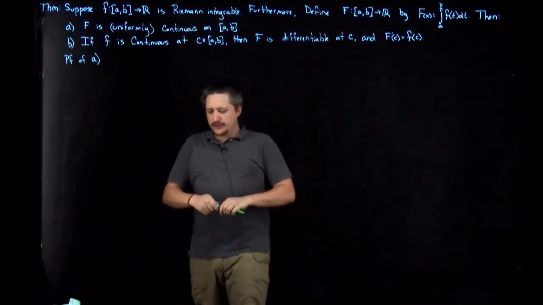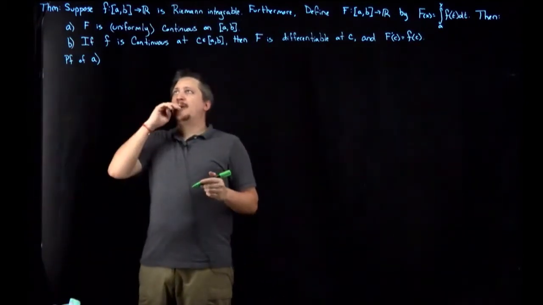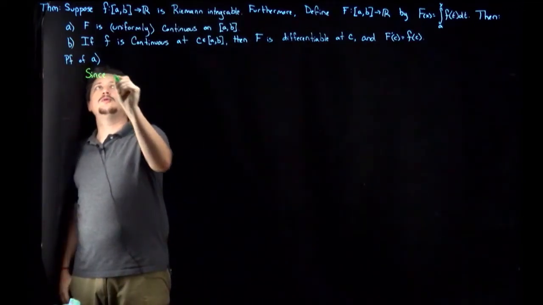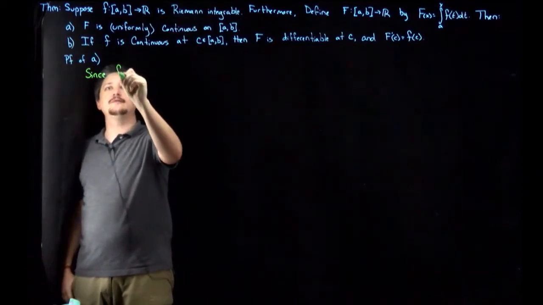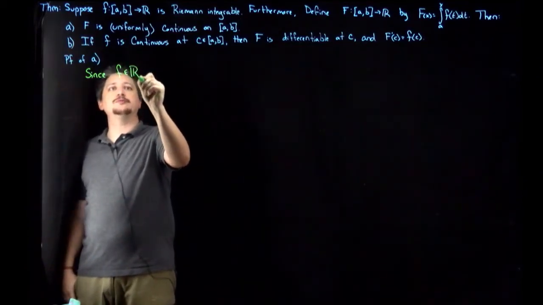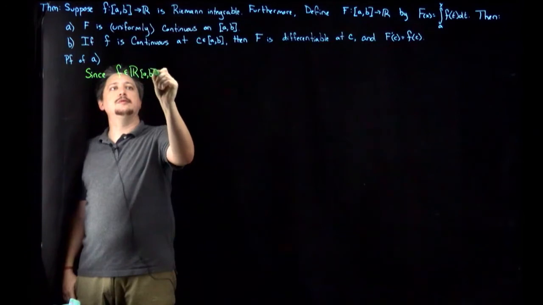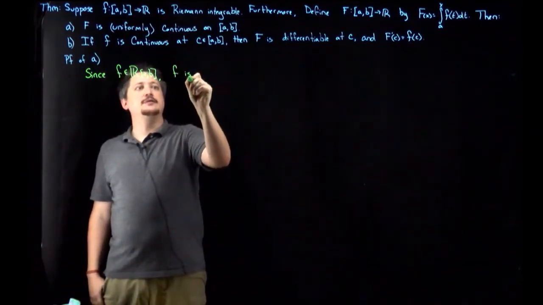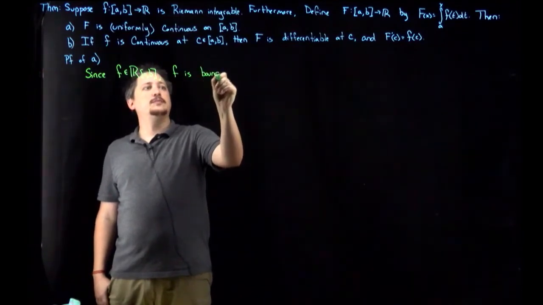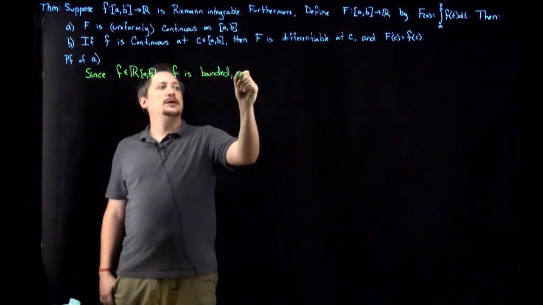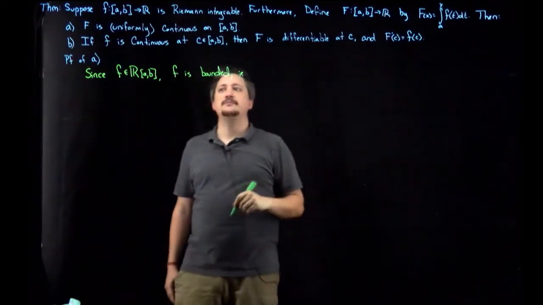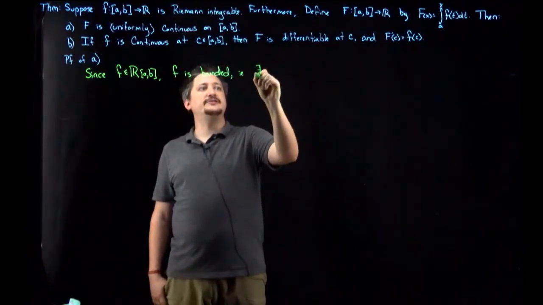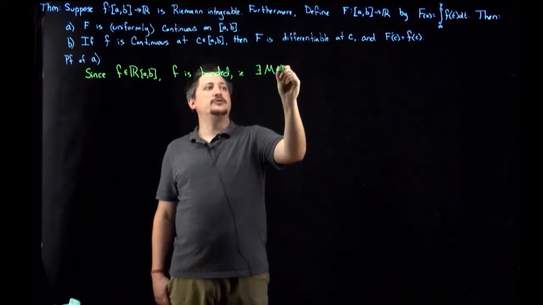All right, so part A. Since we are assuming that f is Riemann integrable from a to b, we have specifically that f is bounded, i.e. there exists M, a real number.